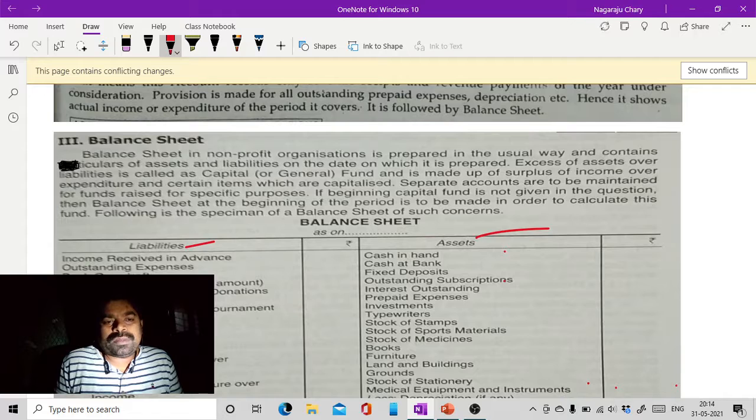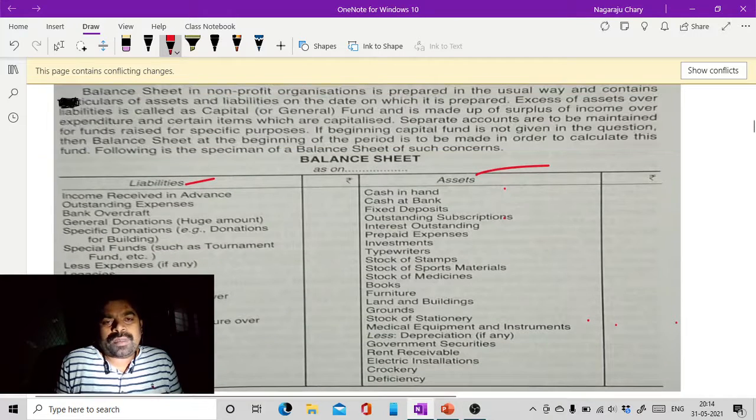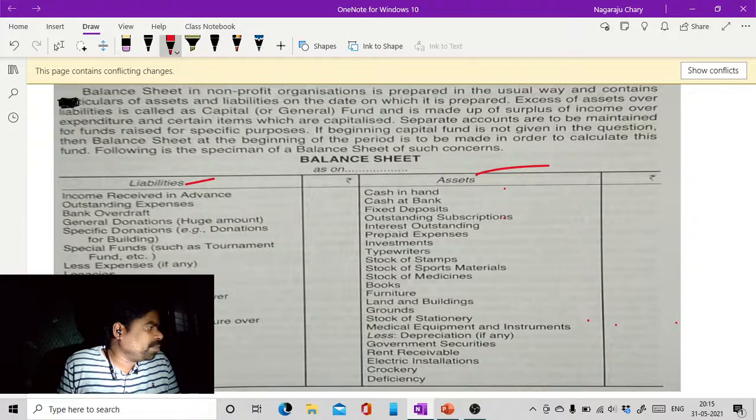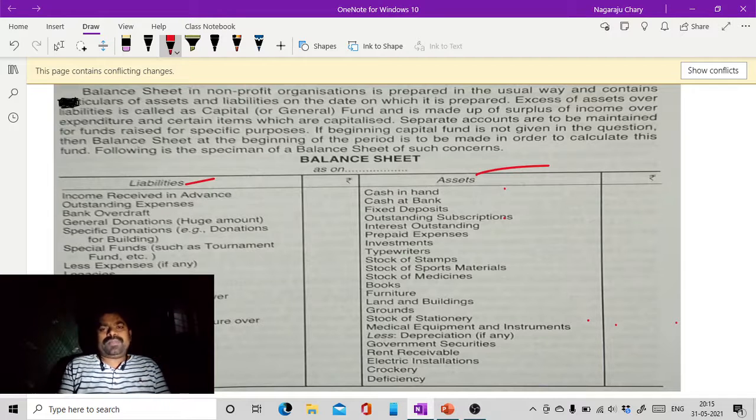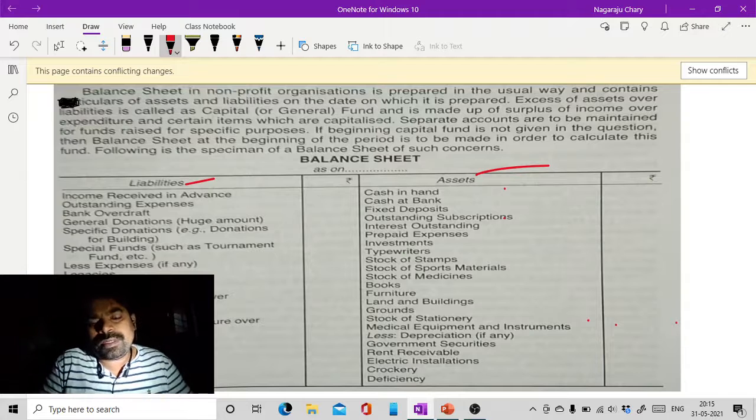Especially, this is a statement, so that's why there is no 'to' and 'by'. Whenever we are preparing an account, then only we have to write for what purpose, or from where we received, and so on. We have to record 'to' and 'by' there, but here don't write 'to' and 'by'. So left side liabilities and the right side assets.